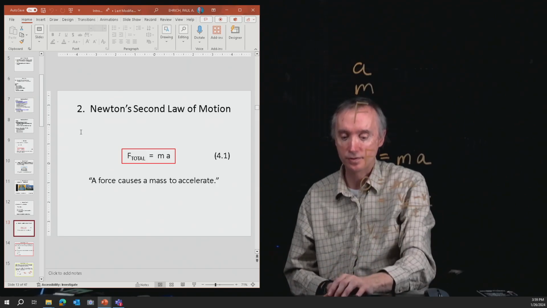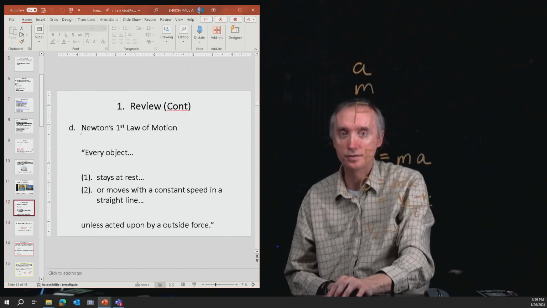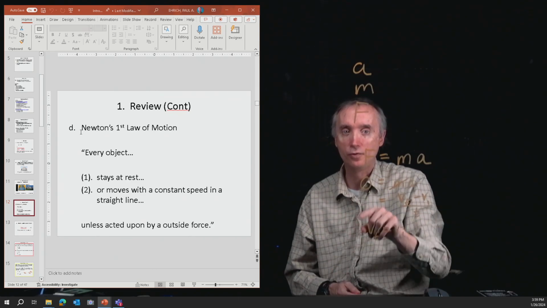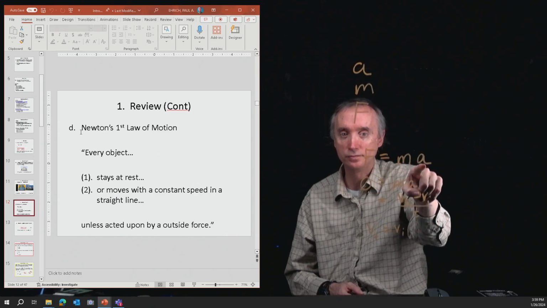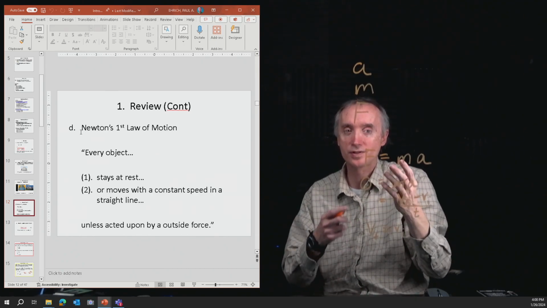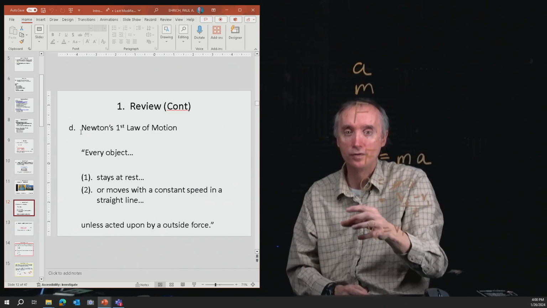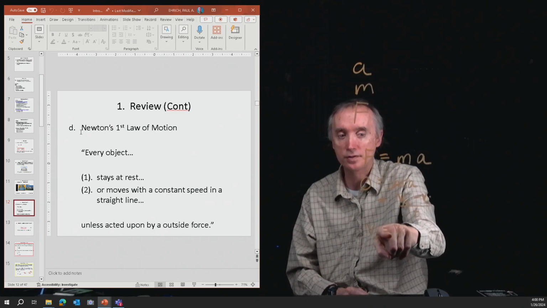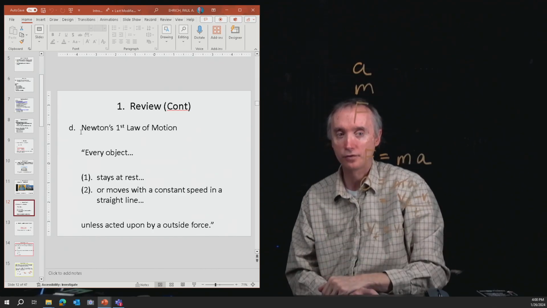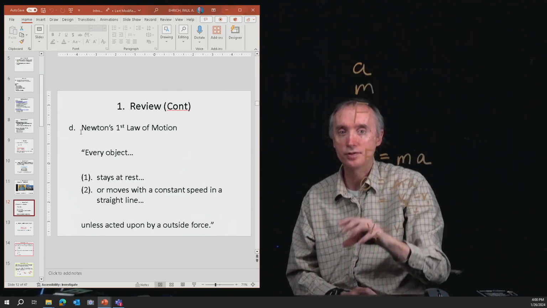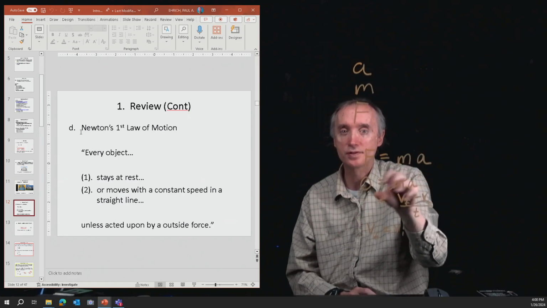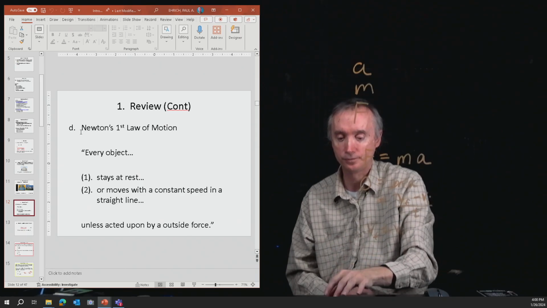And that is exactly what his first law says. If there's no force acting on a system, then it's either going to just sit there, or if it's moving, whatever its initial speed is, it's going to have that speed forever and ever. So notice that his first law is built into his second law of motion.